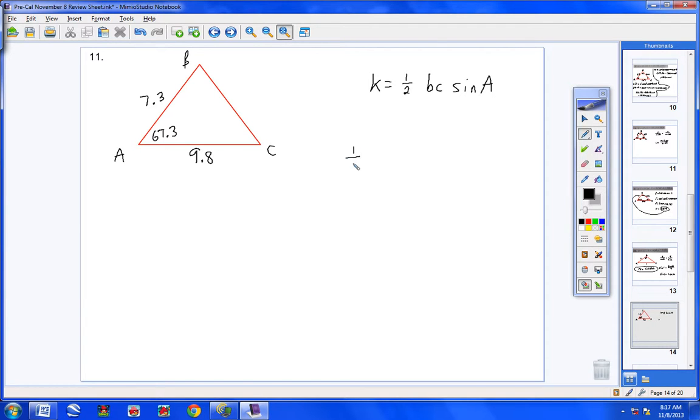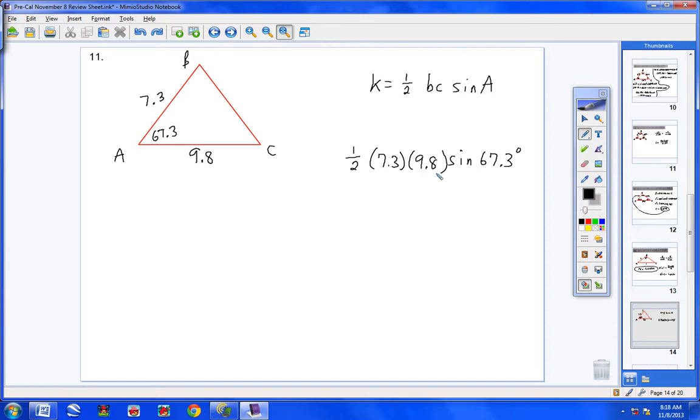But basically what I taught you to do is simply this. I just said take 1/2 times both sides, so 7.3, and then 9.8, and then times the sine of that included angle, or the angle between the two sides, like this. So what I taught you to do is anytime you have side, angle, side, you can find the area of the triangle by simply putting 1/2 times one side times the other side times the sine of 67.3.